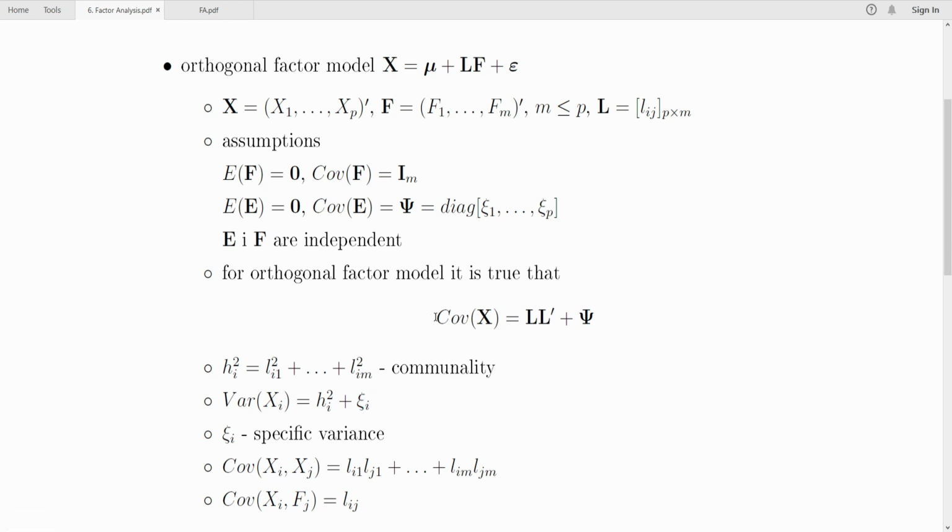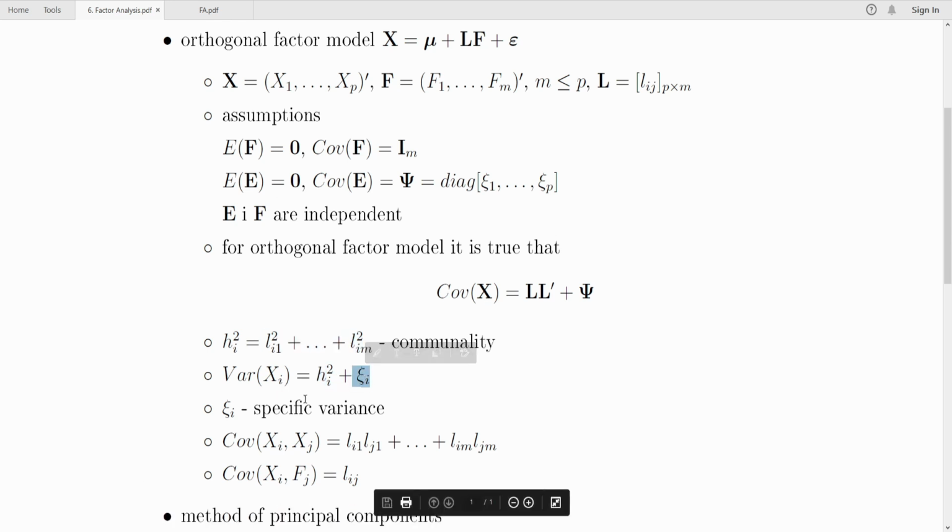On the diagonal we have the variances, and when you multiply those matrices, with a diagonal matrix that has only the specific variances on its diagonal, which we call psi_i, we know that the variance of xi is equal to this sum plus the specific variance.